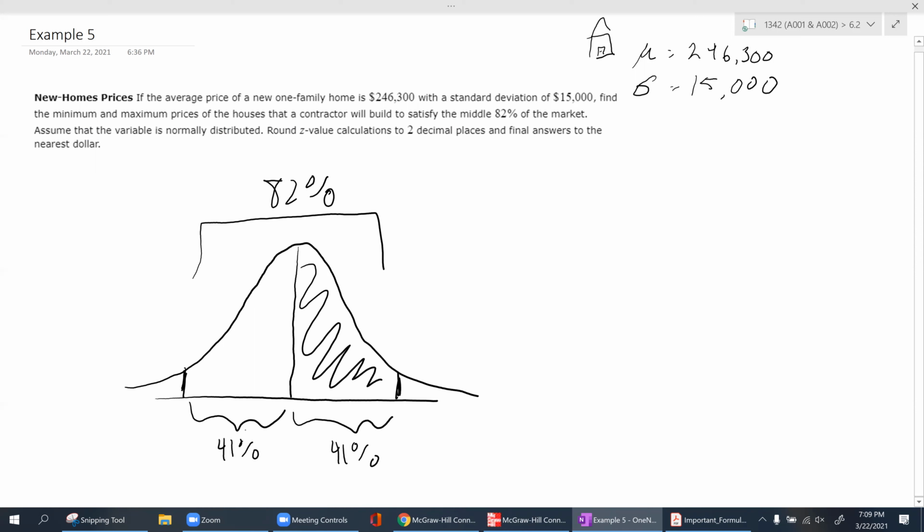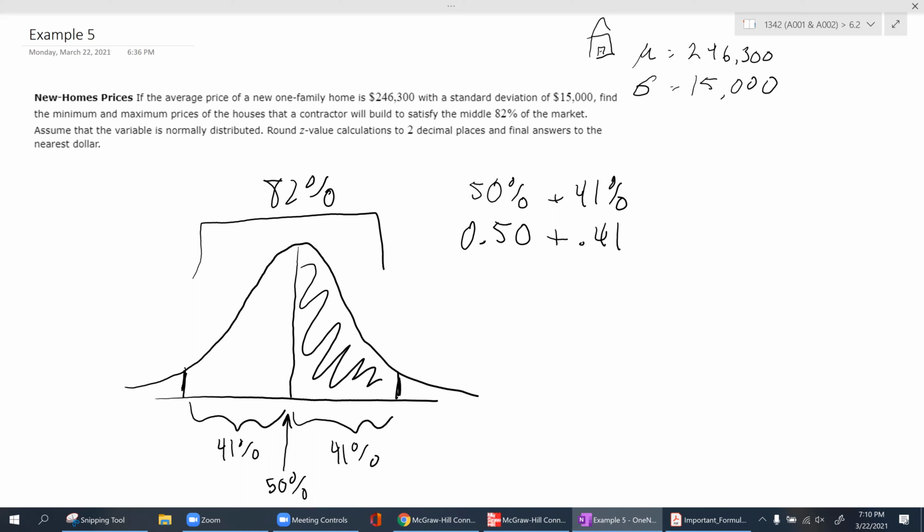So let's focus on the right side. If I know that my middle point is 50%, and if I go over by 41, in other words, if I'm dealing with decimals, I can go ahead and find that value. Meaning that this is approximately 50% plus 41%, or in other words, 0.50 plus 0.41 if I'm dealing with decimals.